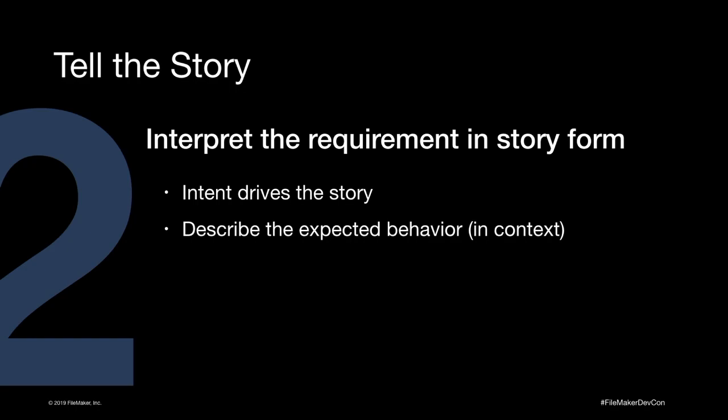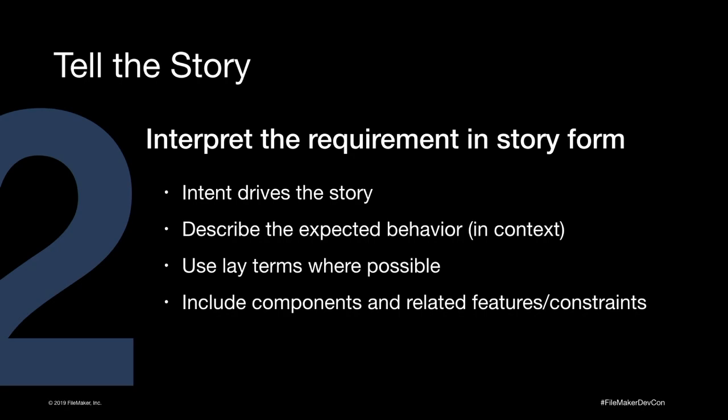So this is not just for your client's benefit and your understanding, but it'll actually help you in your development efforts. And use lay terms. This is not the place for elaborating on your techniques, no matter how cool they are, okay? And finally, expand the story to include elements that are implied or that will be impacted by external factors that aren't specifically referenced by the rule.